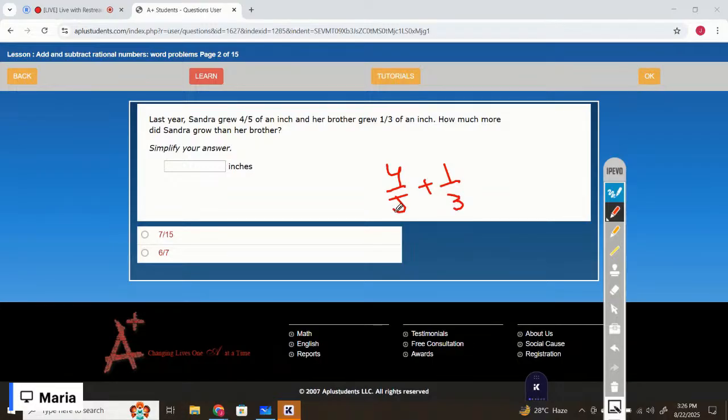So we need to multiply. 12 over 15 plus 5 over 15. That is 17 over 15.